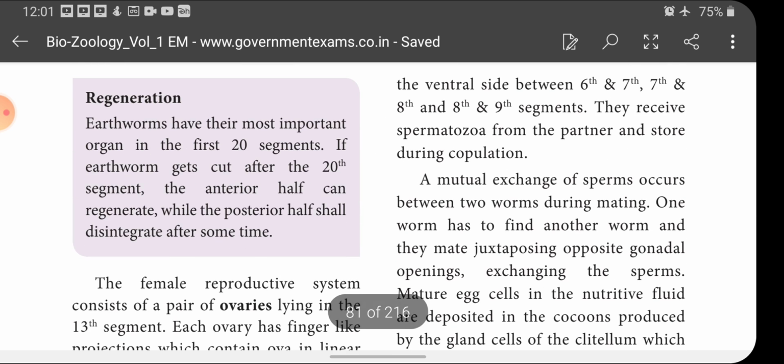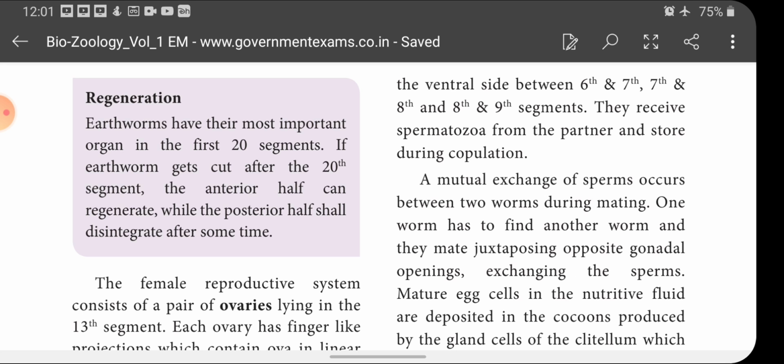Regeneration is a characteristic of earthworm. Earthworms have their most important organs in the first 20 segments. If an earthworm is cut after the 20th segment, the anterior half can regenerate while the posterior half will disintegrate after some time.